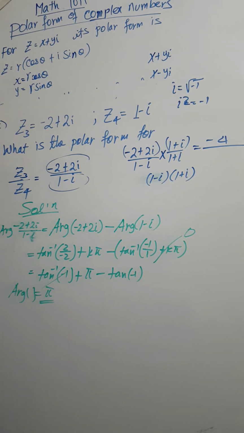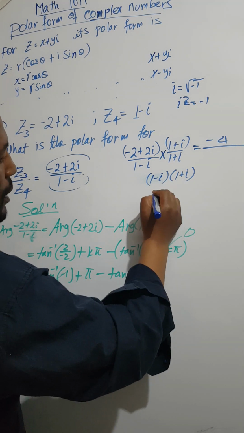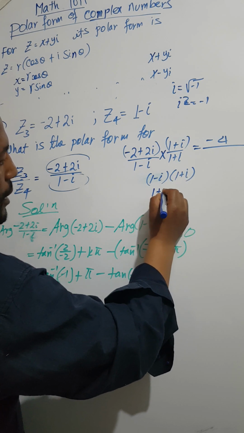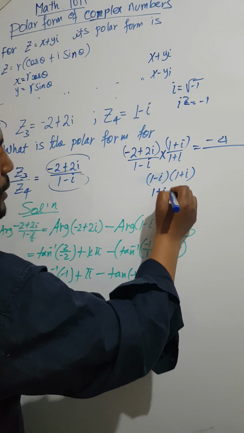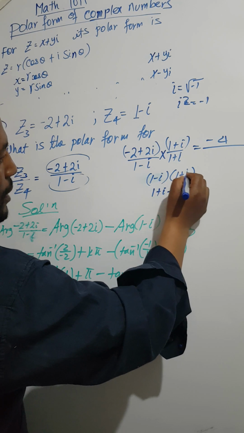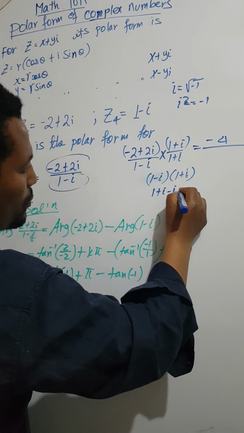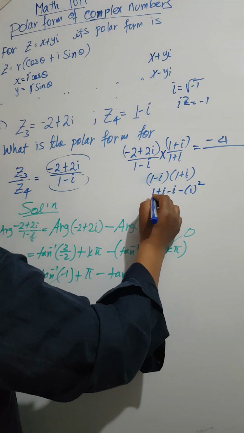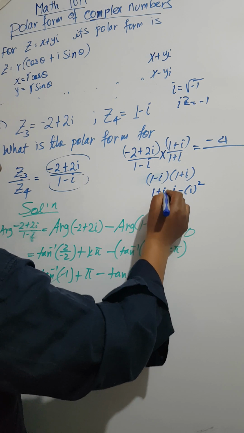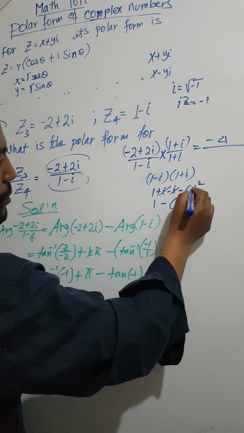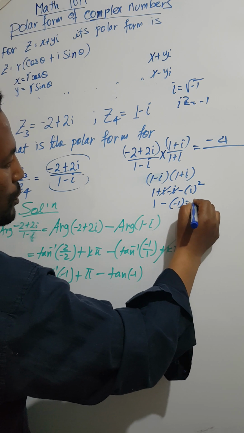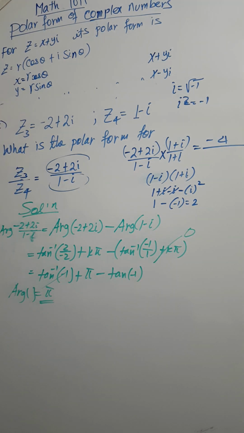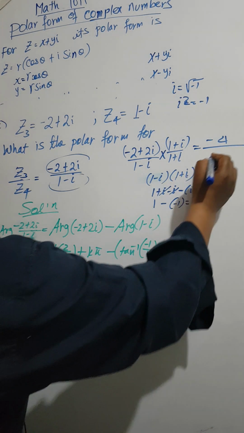With a minus b times a plus b, we say it's a squared minus b squared. But let's multiply it out. 1 times 1 is 1. 1 times i is i. Negative i times 1 is negative i. Negative i times i is negative i squared, and since i squared is negative 1, that becomes plus 1. So the i terms cancel, and the denominator is going to be 2.